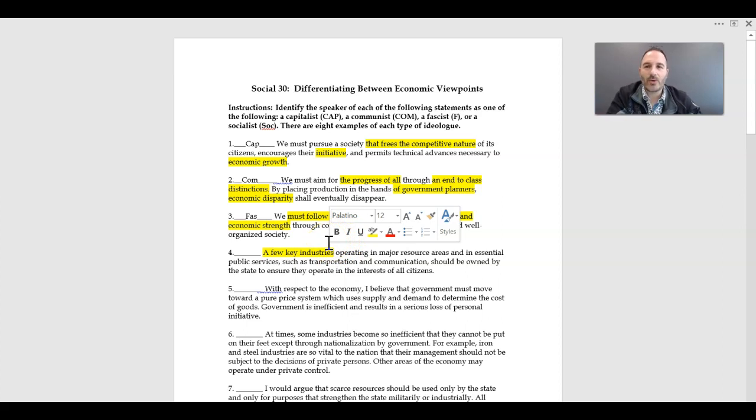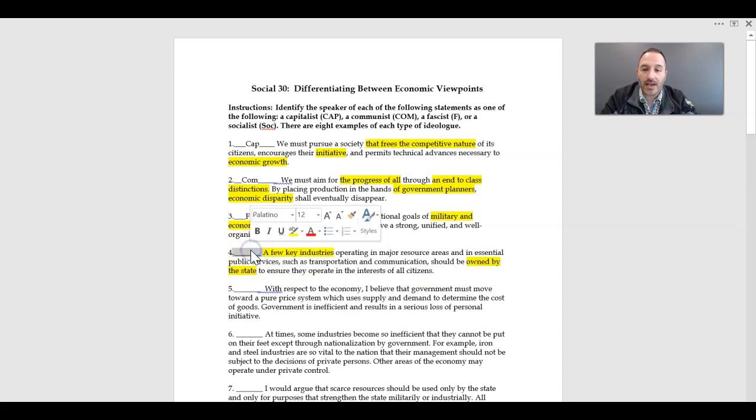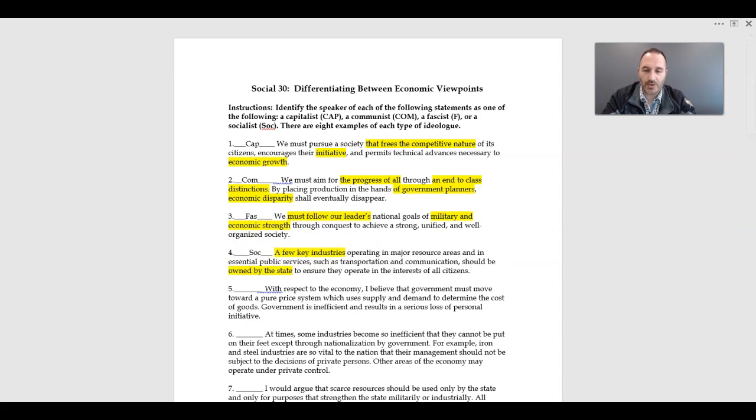Where we have state ownership, it is on the left. Okay, owned by the state. So we're not talking total ownership, but we are talking some ownership. As a result, this would be socialism.